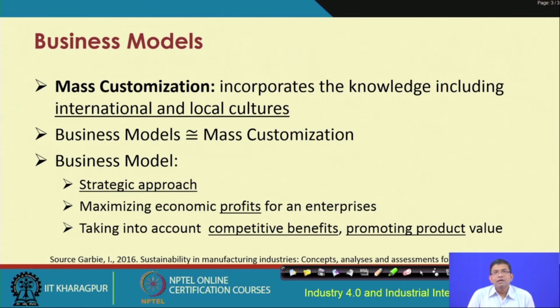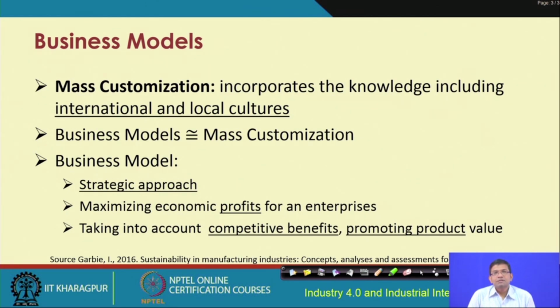From the globalization point of view, the product that is manufactured should not only cater to the needs of the local community, but also to the international community.